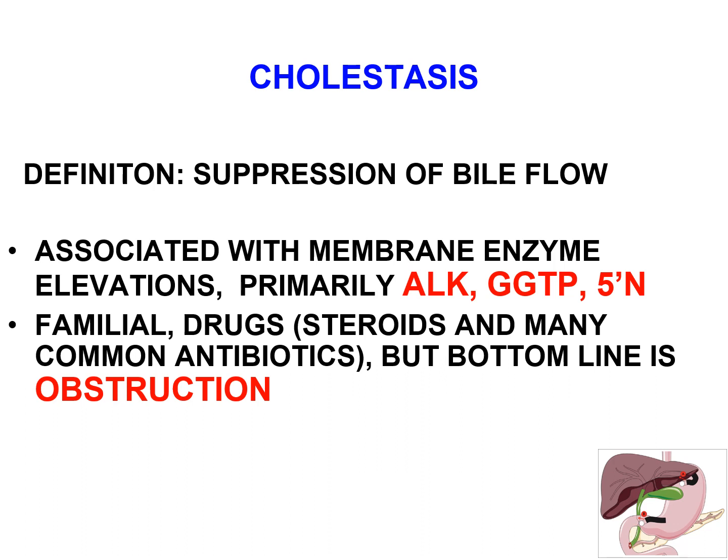But in general, we can say that cholestasis is the suppression of bile flow. Before delving into specific entities, we will briefly review the morphologic and clinical features of cholestasis that are common to all.